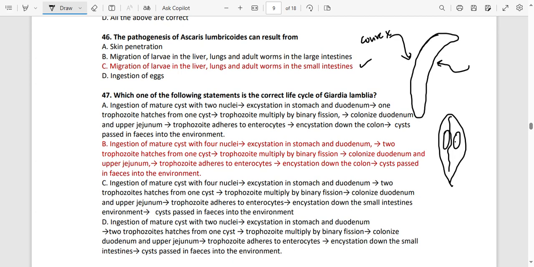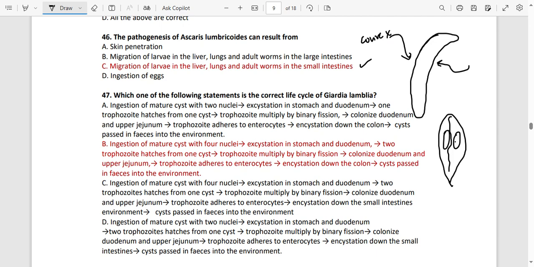It's believed to be zoonotically transmitted from animals. Specifically, it is causing osmotic diarrhea. And these trophozoites can also go to the gallbladder, and there they can cause jaundice. So that's a basic thing.